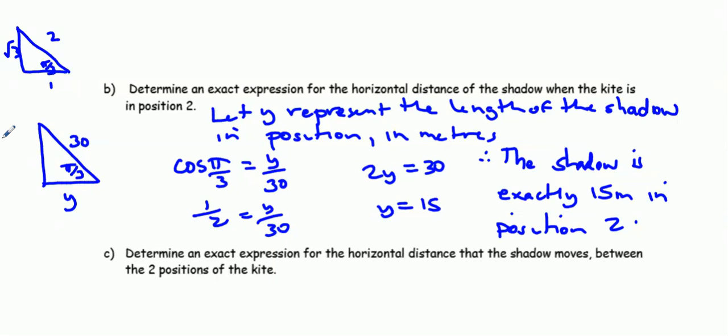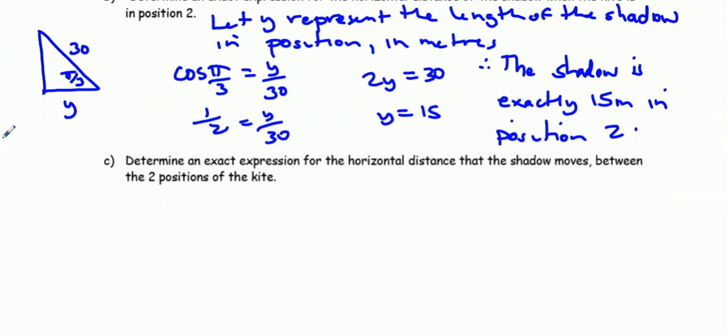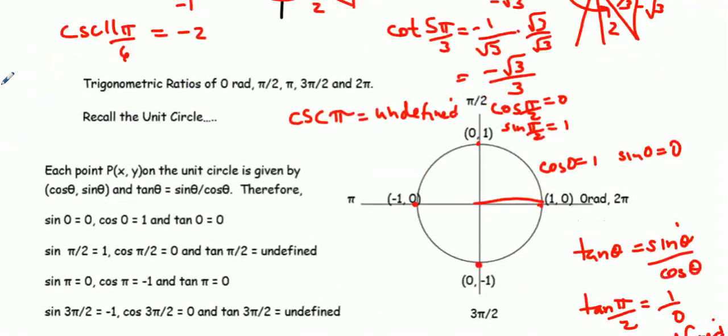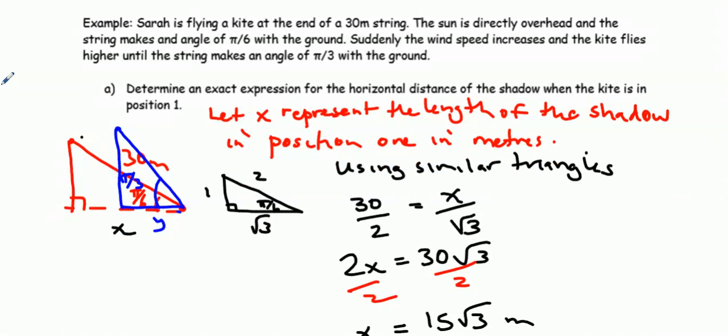And now it says determine an exact expression for the horizontal distance that the shadow moves between the two positions of the kite. So what it's saying is, all right, we found x. This was this whole distance here. It moved. Now it's smaller. That's y. But how far did it move? Okay? And that's the difference between x and y.